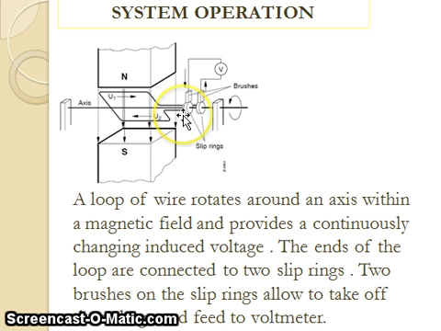You have the slip rings, two of them, and also the carbon brushes here. So what will happen is, when this loop rotates within the lines of force in the magnetic field, then EMF is induced or produced. The EMF will be forced through to the slip ring, and it will be picked up by the brushes.